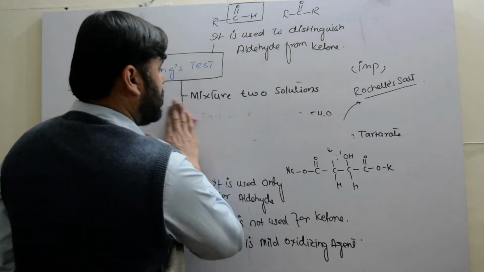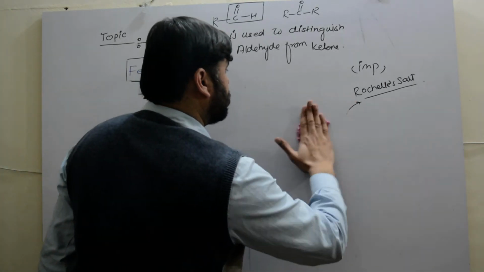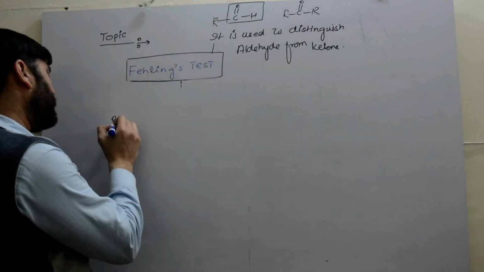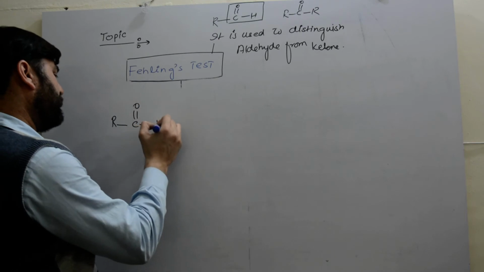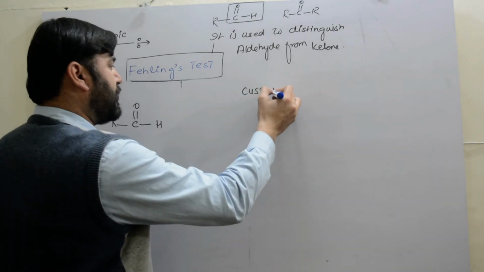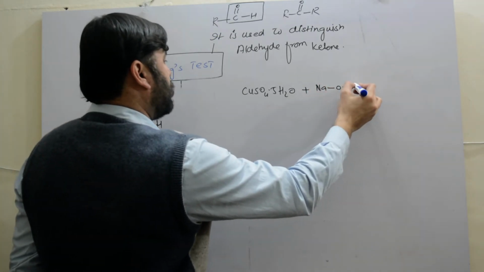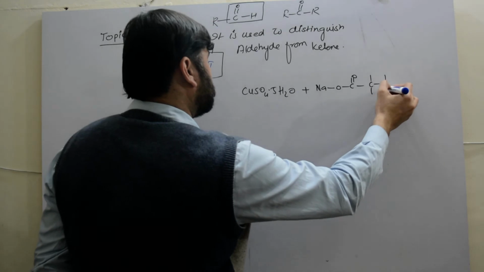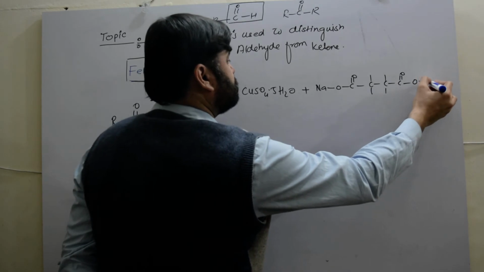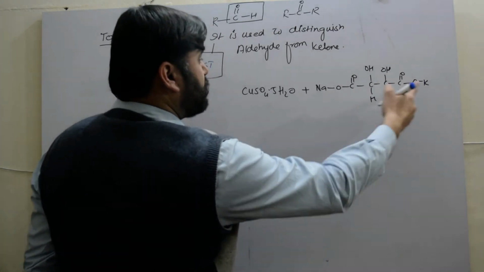Now see, this is the reaction, how it happens and how it distinguishes aldehyde from ketone. The chemical reaction is very easy. Suppose we have any aldehyde, and we write copper sulfate dot 5H2O plus sodium potassium tartarate, which is the tartaric acid salt.